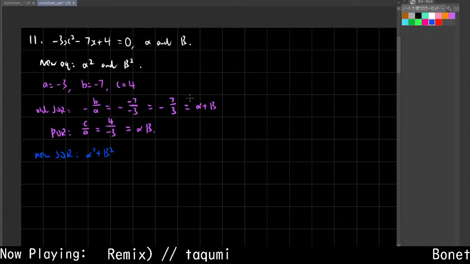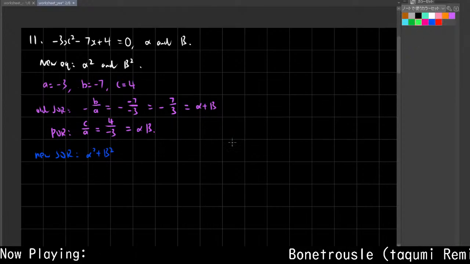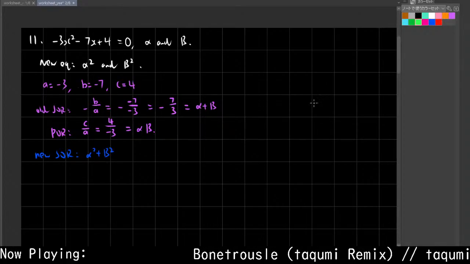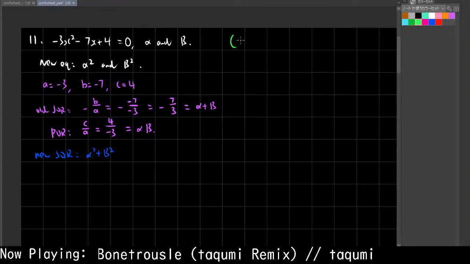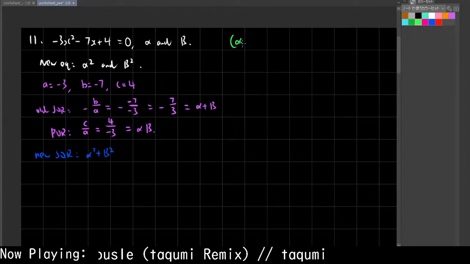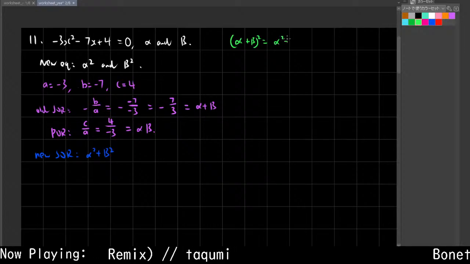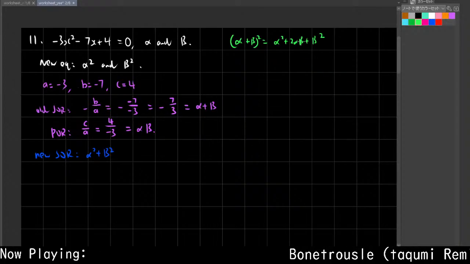So the idea of this thing is that you might or might not remember how we can have (alpha plus beta) squared equals alpha squared plus 2 alpha beta plus beta squared. Like this, (a plus b) squared.